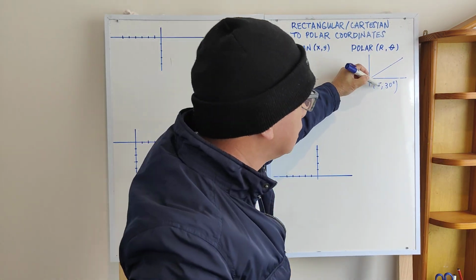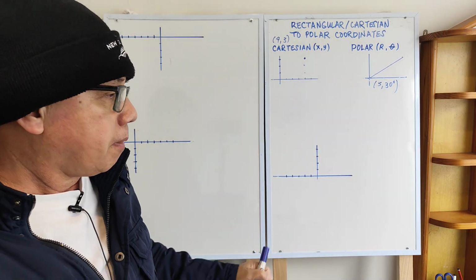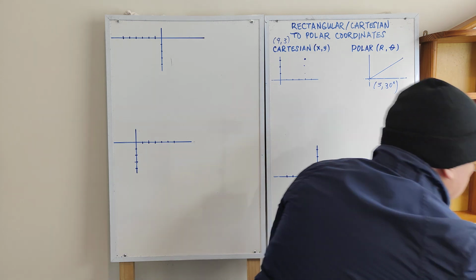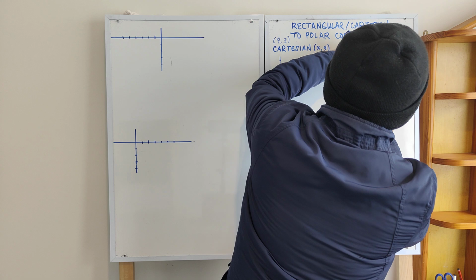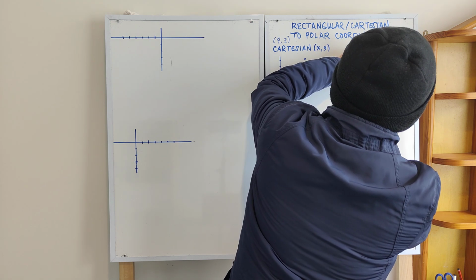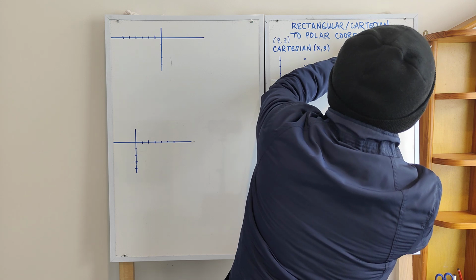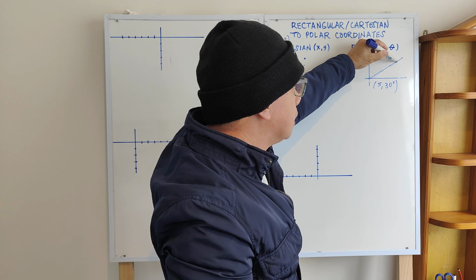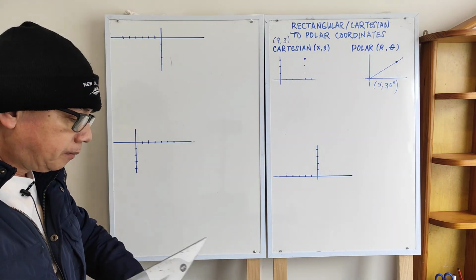And then you measure 5 units from the origin up to the point: 1, 2, 3, 4, 5. So this is your point for the polar coordinate.